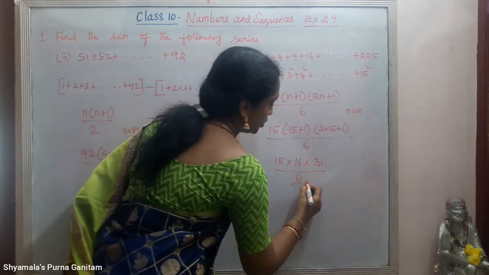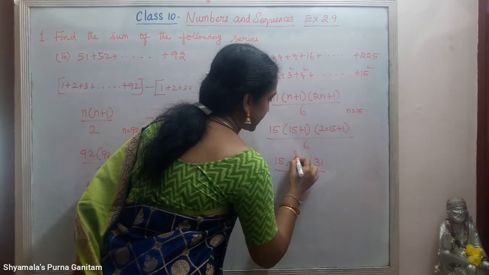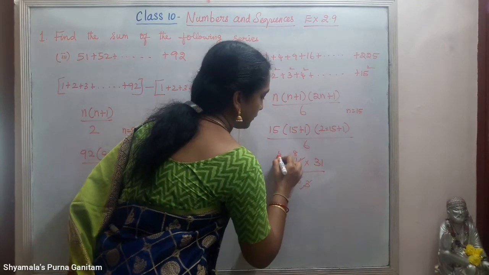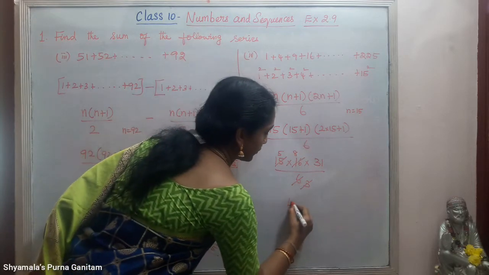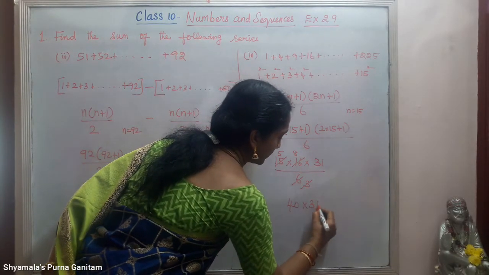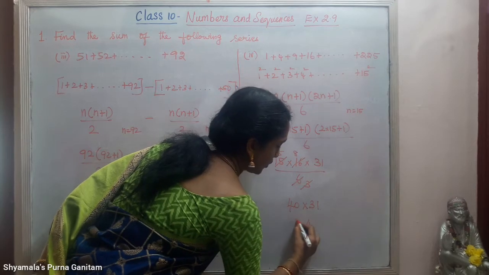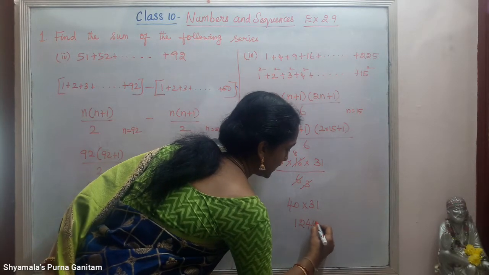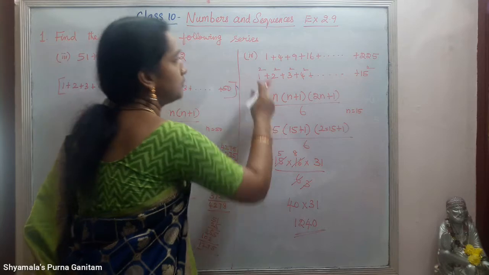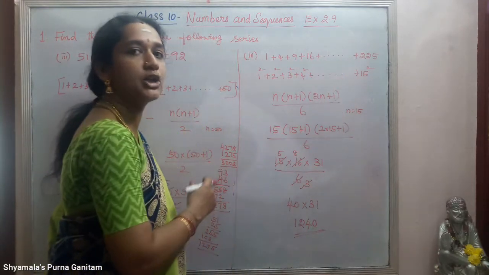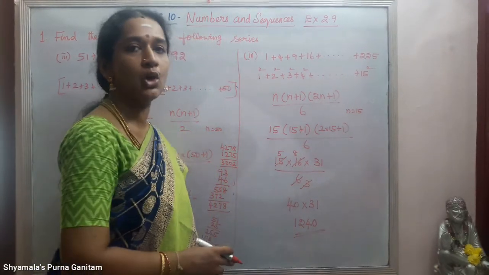So now 2 3s are 6, 2 8s are 16, then 3 5s are 15, then 8 5s are 40 into 31. So 4 1s are 4, 4 3s are 12, so 1240. The sum of the square numbers from 1 to 15 is 1240.